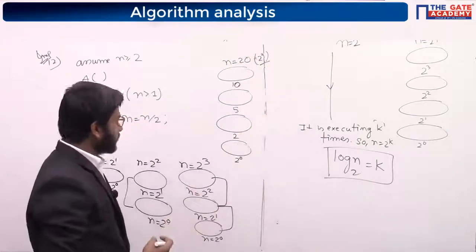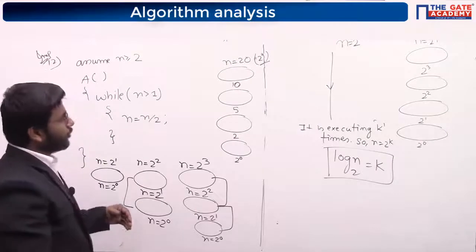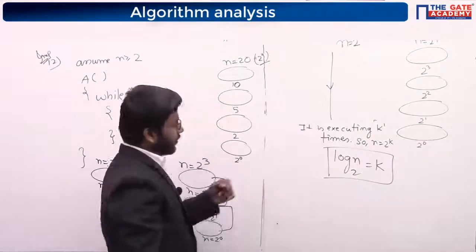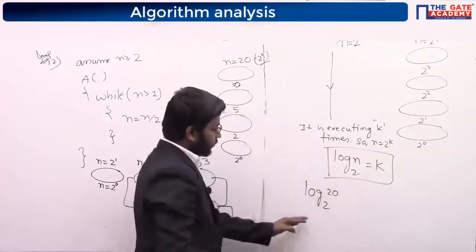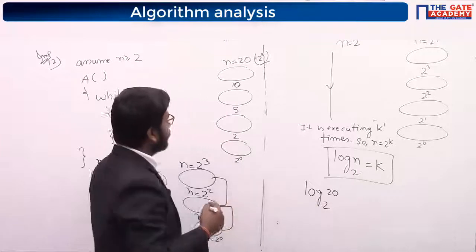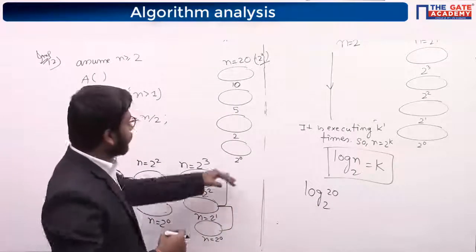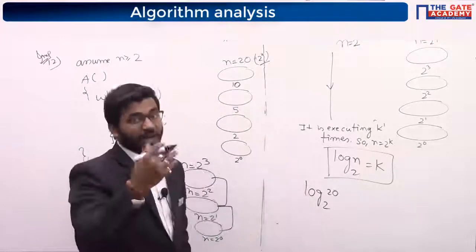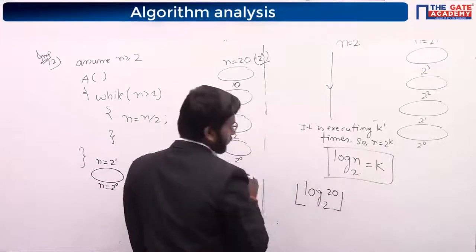So when it is a power of 2, then it is fine. But when it is not a power of 2, log 20 is 4 point something. So whether we have to take the ceiling or the floor? We are taking the floor, because it is going 4 times only, not 5. So we will take the lower one, that is floor.